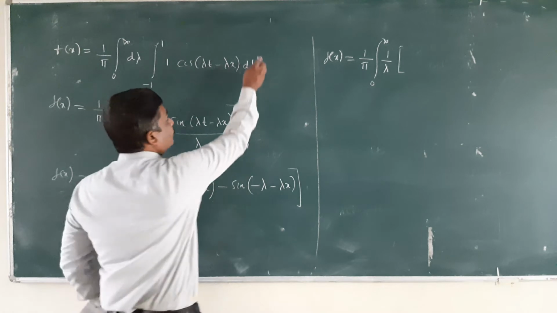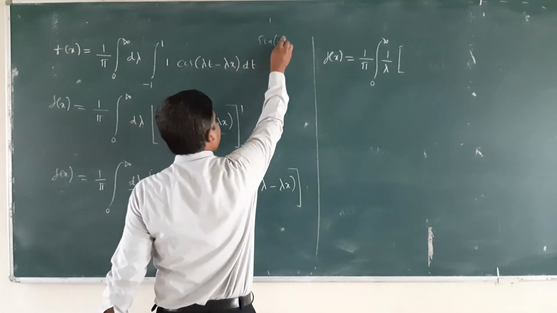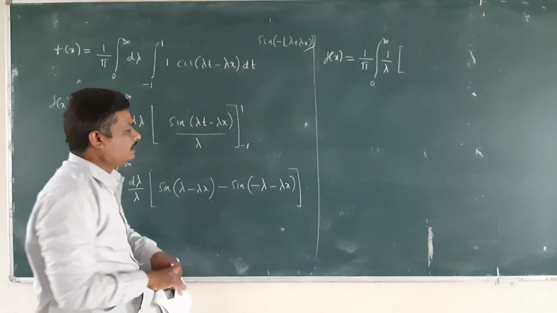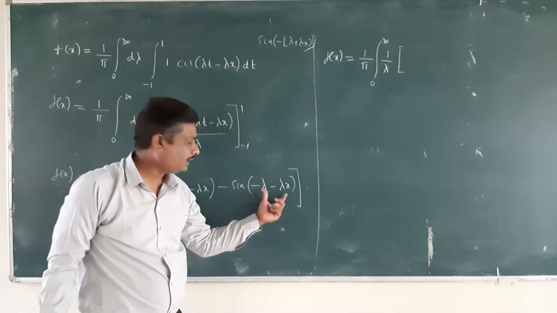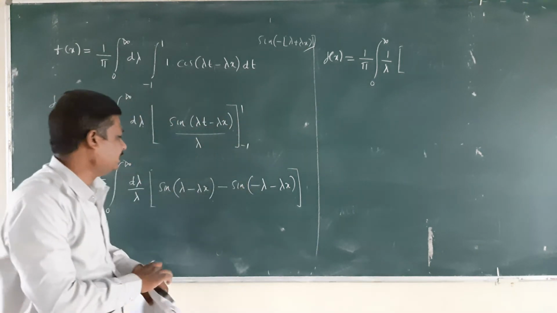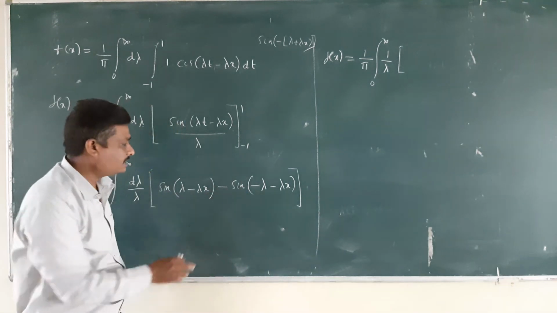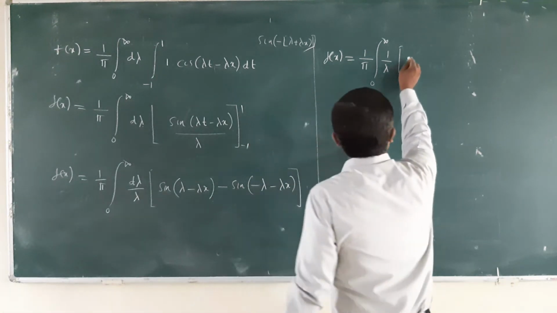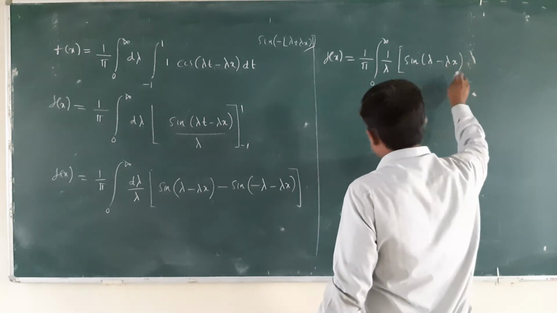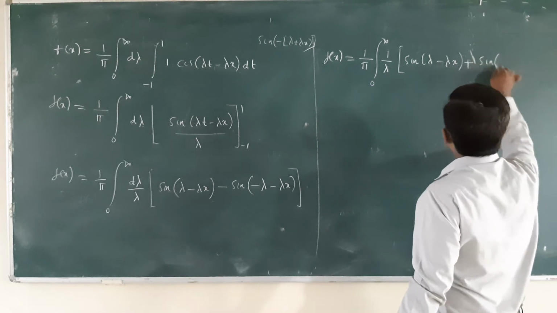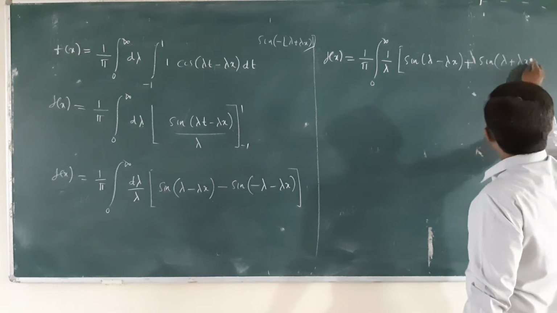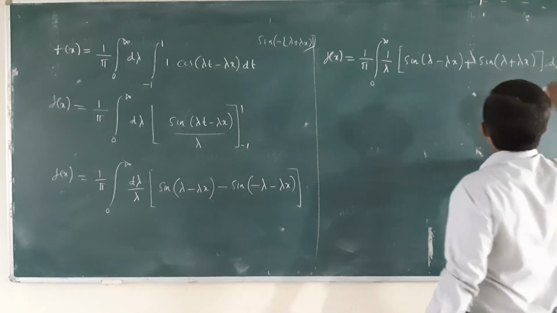So it becomes sine of (minus lambda plus lambda into x). If I take minus inside the bracket, and we know that sine of minus theta is plus sine theta. Sorry, sine of minus theta is minus sine theta, and this becomes positive. So that is sine of (lambda minus lambda into x) plus sine of (lambda plus x) into d lambda.